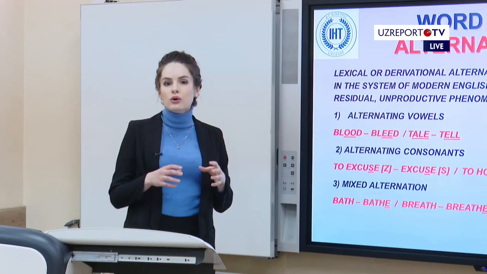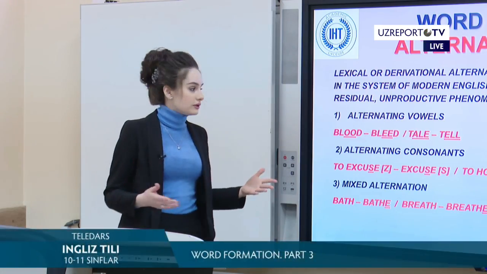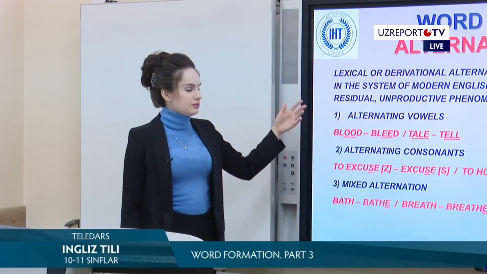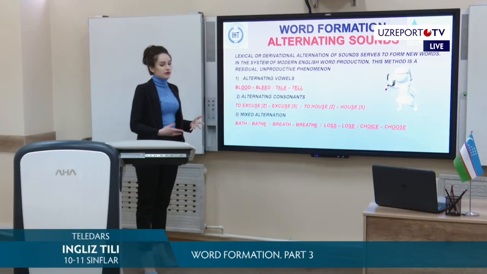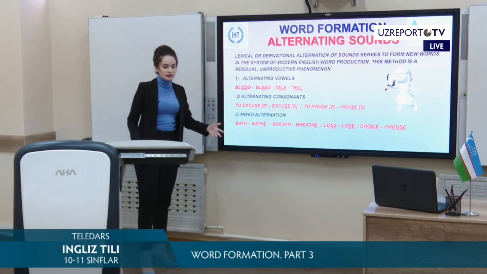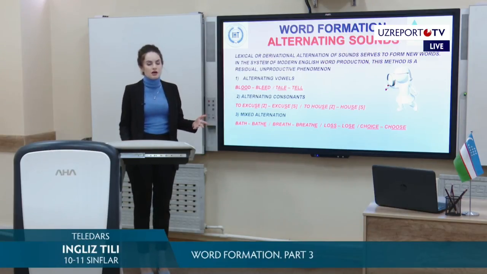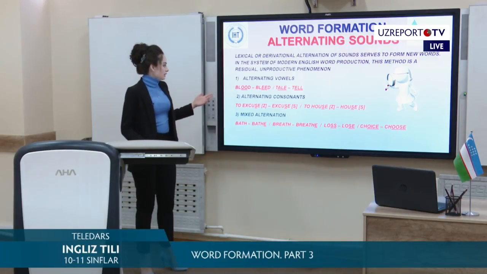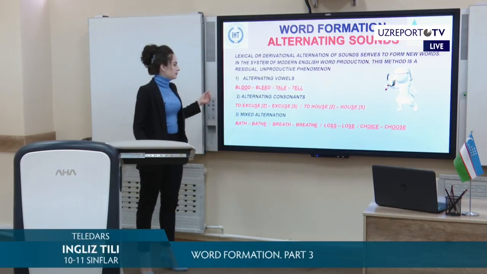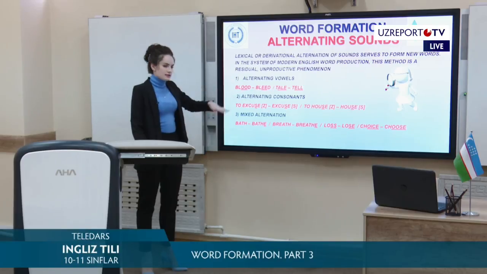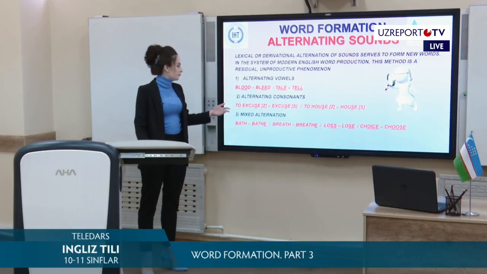We have only vowels changed in our word. So, blood, bleed. Blood is a component of our body, and bleed is a verb. It means when we have a wound and we cannot stop the blood. Tale is some story. Tell is the process of telling that story.